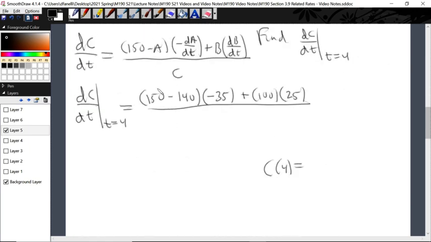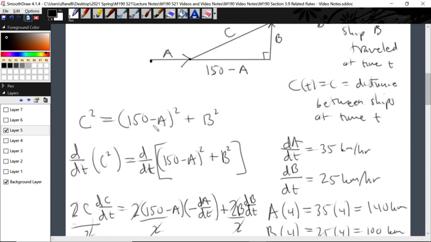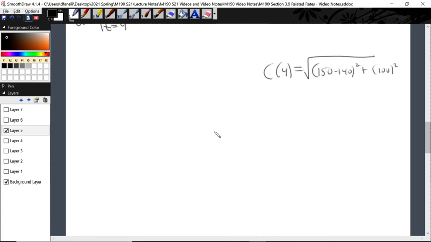It's going to be the square root of (150 minus 140) squared plus 100 squared. Let's take the square root of both sides. C has to be non-negative because it's a distance. A of 4 is 140, B of 4 is 100.